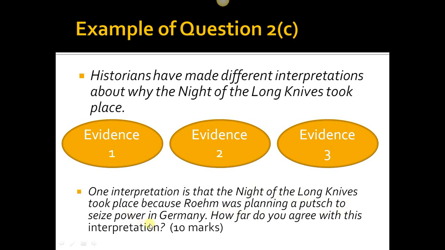You could say, well, evidence one is the only one that backs this up because it's Hitler saying it. However, evidence 2 doesn't show that. Evidence 3 certainly doesn't.